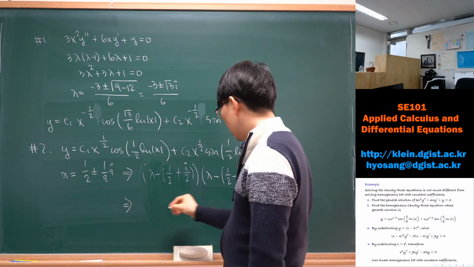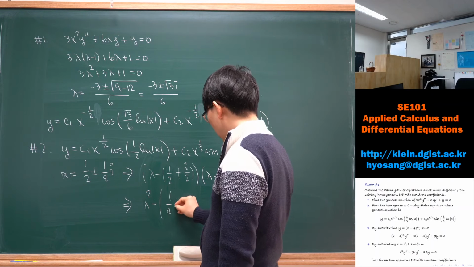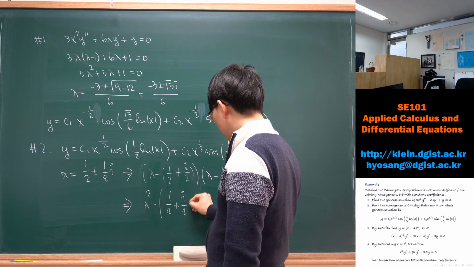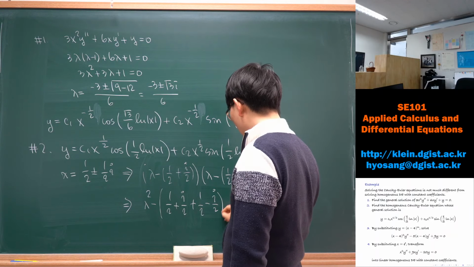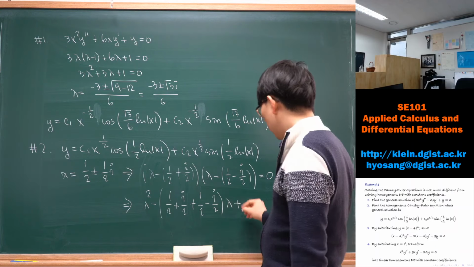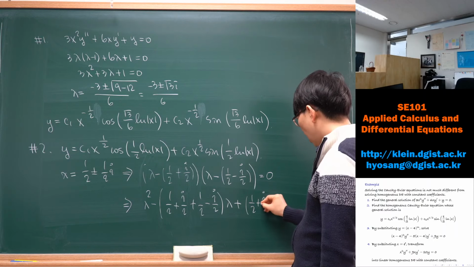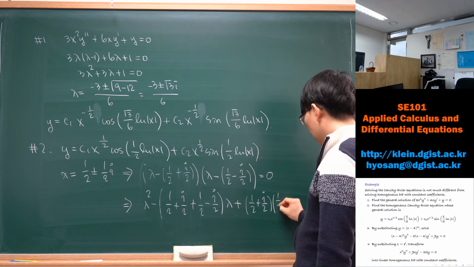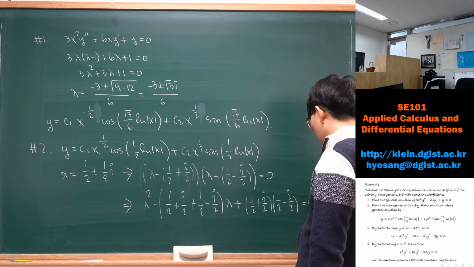If I expand this, I get lambda squared minus ((1/2 plus i/2) plus (1/2 minus i/2)) lambda, and then plus the product (1/2 plus i/2)(1/2 minus i/2), equals 0.